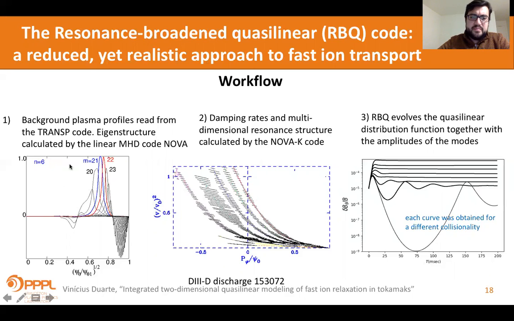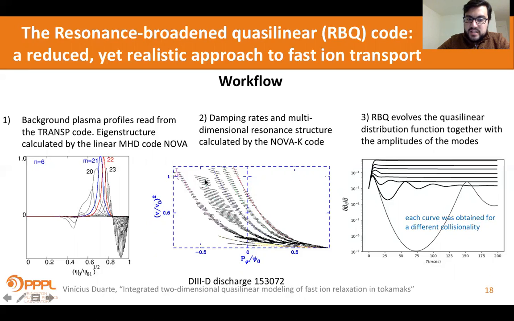In the first step, we use a linear MHD code called NOVA to calculate the eigenstructure, using TRANSP for all the background plasma parameters. In the second plot, I showed the resonances. This is energy versus P phi, and you see several resonances here, several of those lines.